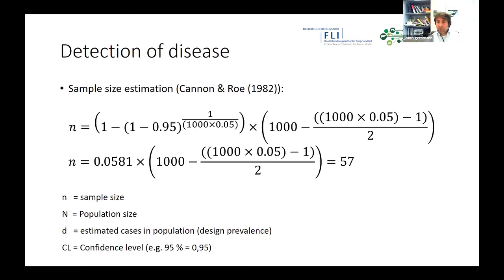So is this clear for everybody? If one or more positives in your sample, you can only say that your prevalence is above 5%. If none of the samples is positive, then you can say the prevalence is below 5%.